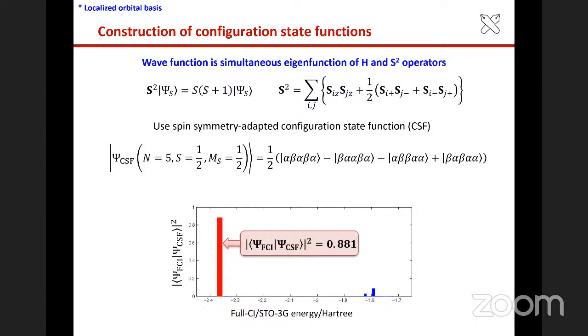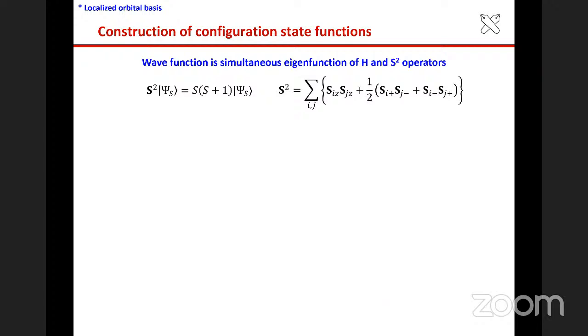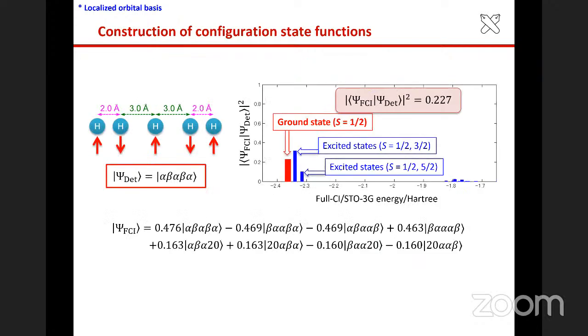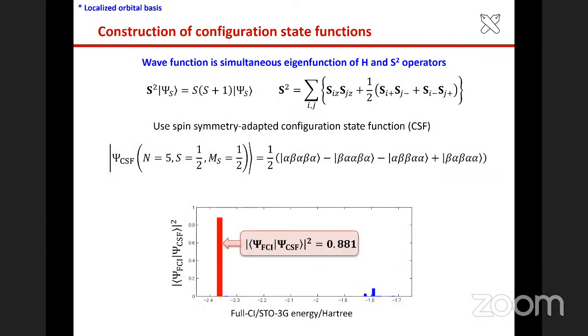Roughly speaking, the probability of obtaining the ground state using the single determinant is just 0.22. But if we use the configuration function, the probability becomes about 4 times larger because we include 4 different Slater determinants.